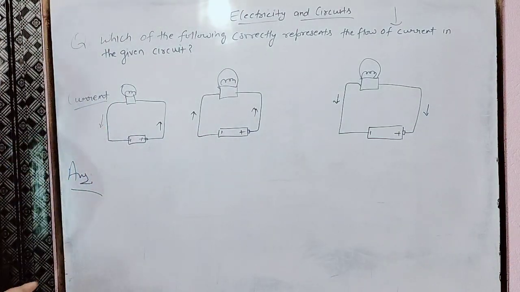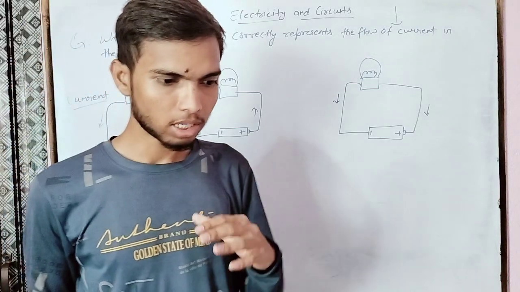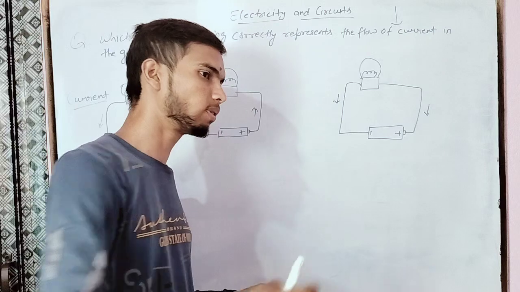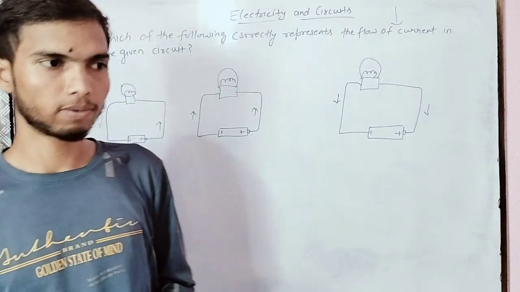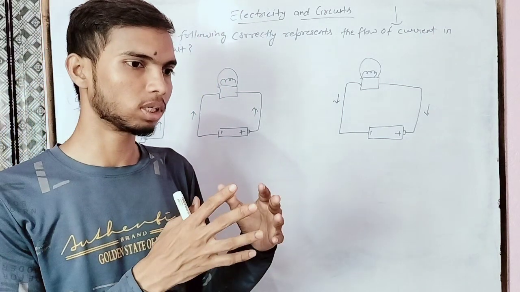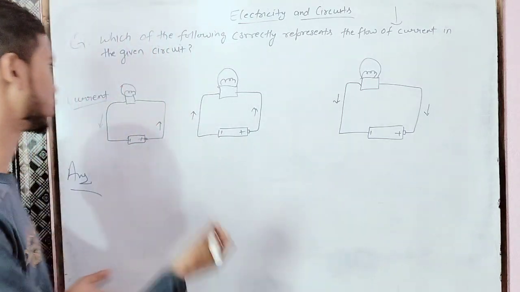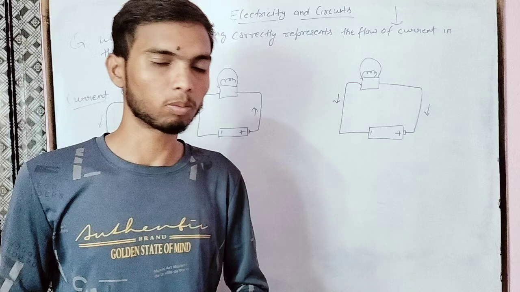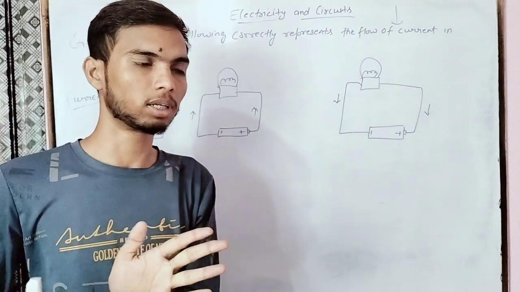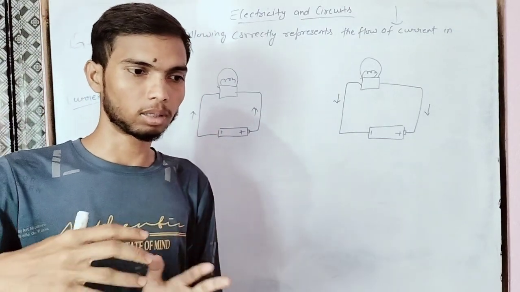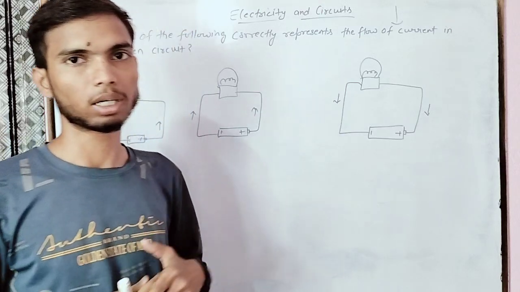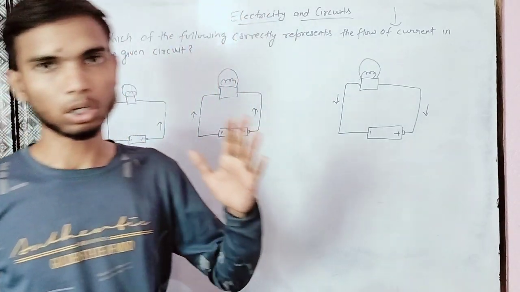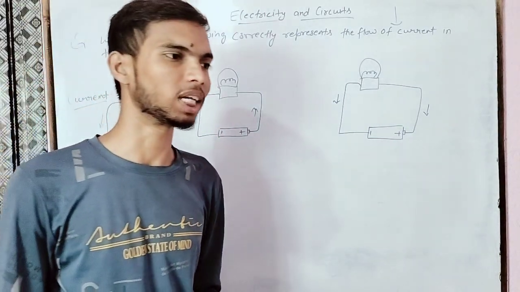As you know, electrons will start from the positive terminal, then pass through the filament of the bulb, then come out from the bulb, pass through the other wire, and end at the negative terminal of the electric cell.